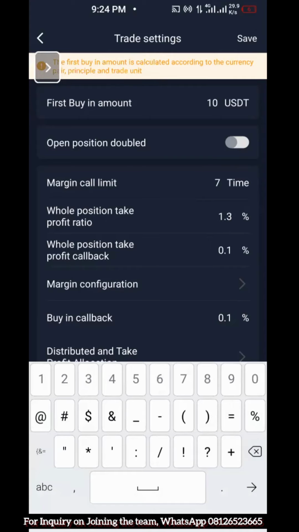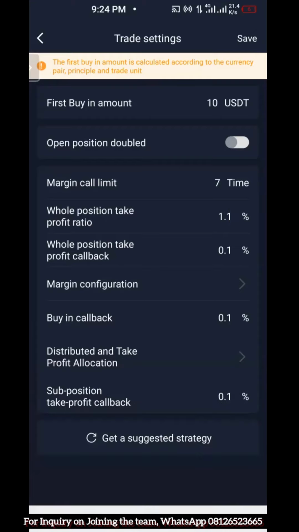1.3 is good for a bullish market. A bearish market is best to use 1.1, because the coin is not really going up as it ought to. So 1.1 is a good place to be. So all position take profit ratio only means how much profit you want to make there.